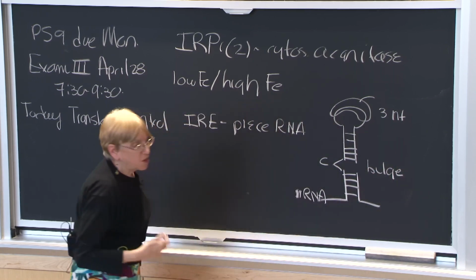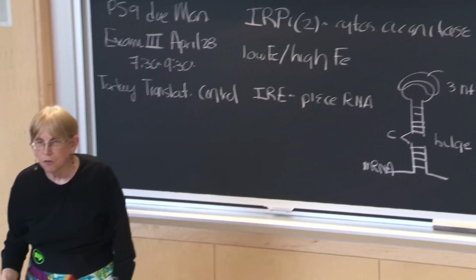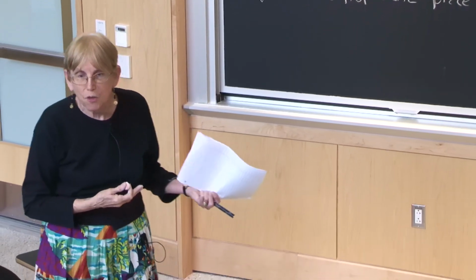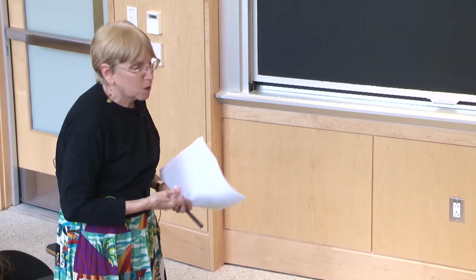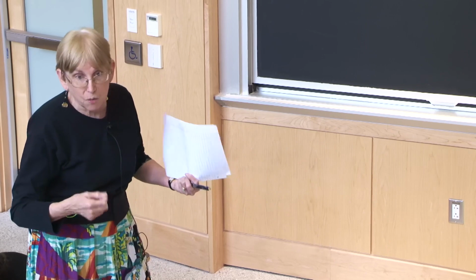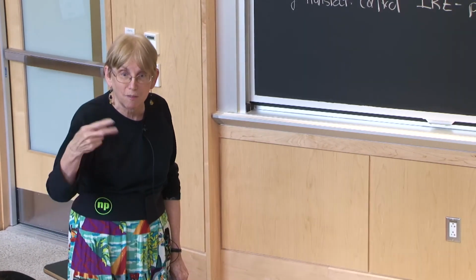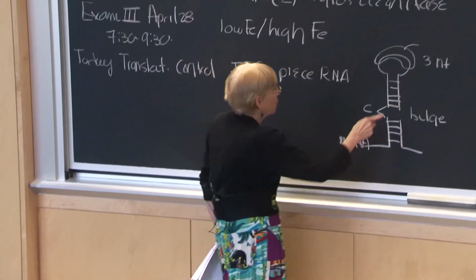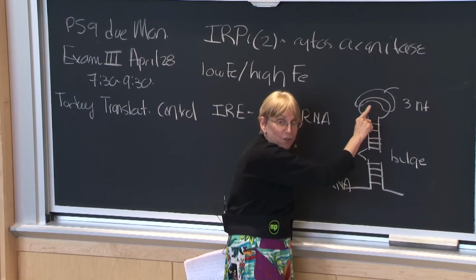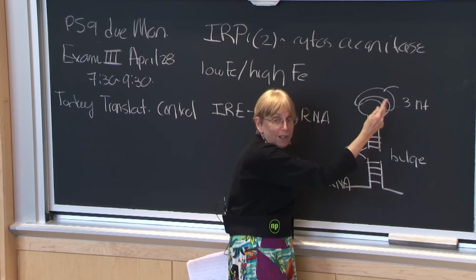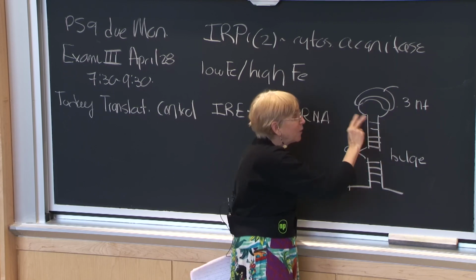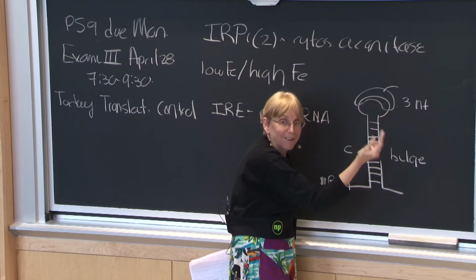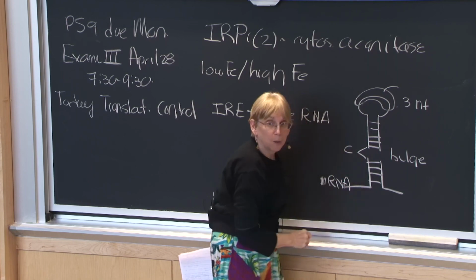And what we're going to see is that there are many of these structures. This was the model that came forth a long time ago when it was discovered, but people have since done a lot of bioinformatics analysis to try to define really what do we know about this little sequence here. Is it 3 nucleotides? Is it more? People now think it's a little bit more, but there's variability in that you need a bulge.